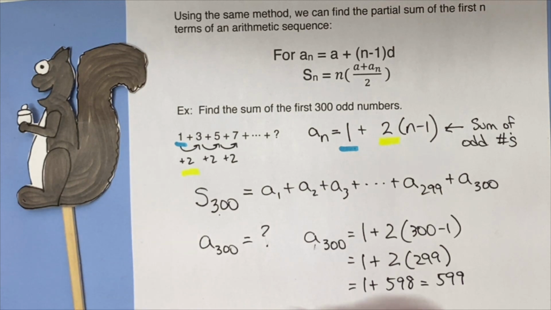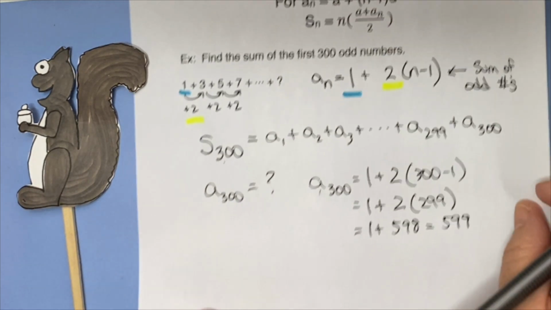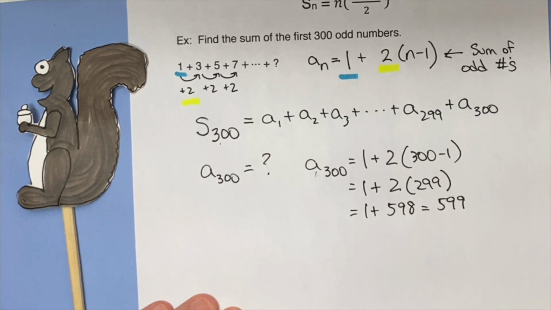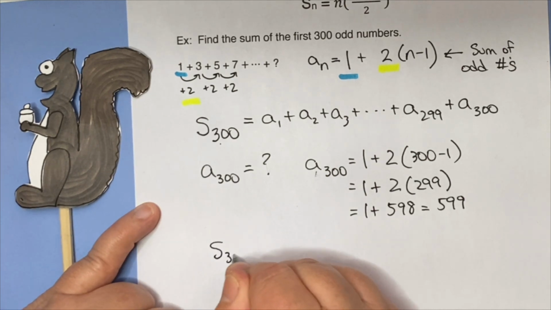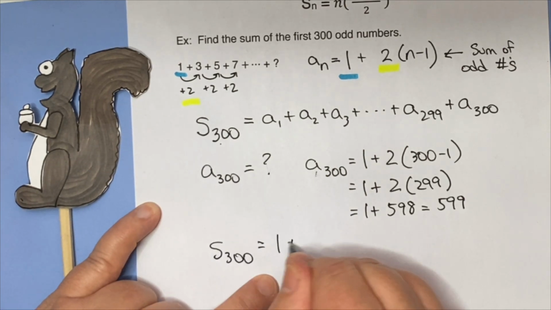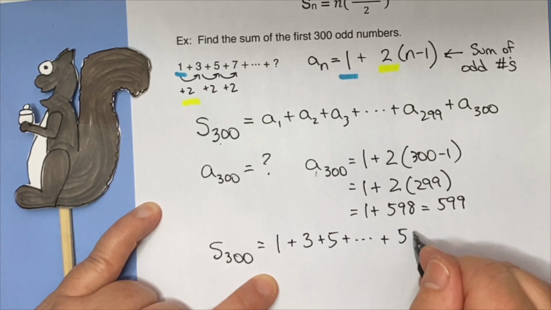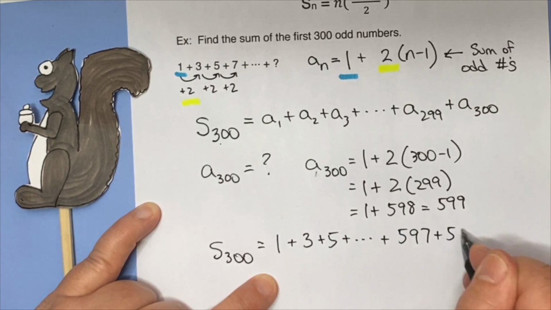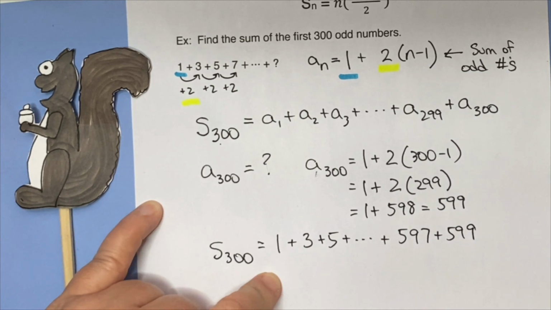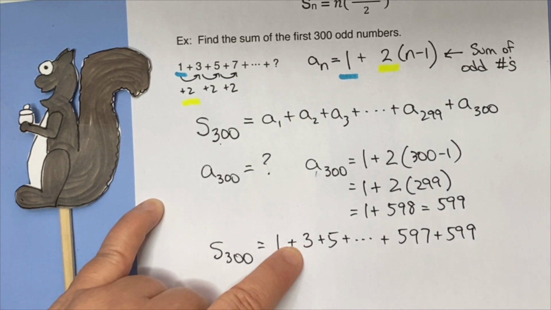So we want to know the sum of the first 300 odd numbers: 1 plus 3 plus 5 plus dot dot dot plus 597 plus 599.